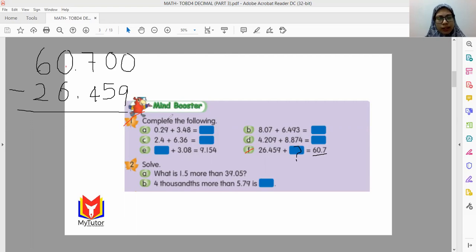All right. So I want Nadra, no, I want Hana again to help. Can Hana do? All right, Hana, can you help me? Okay, so this is how we subtract.